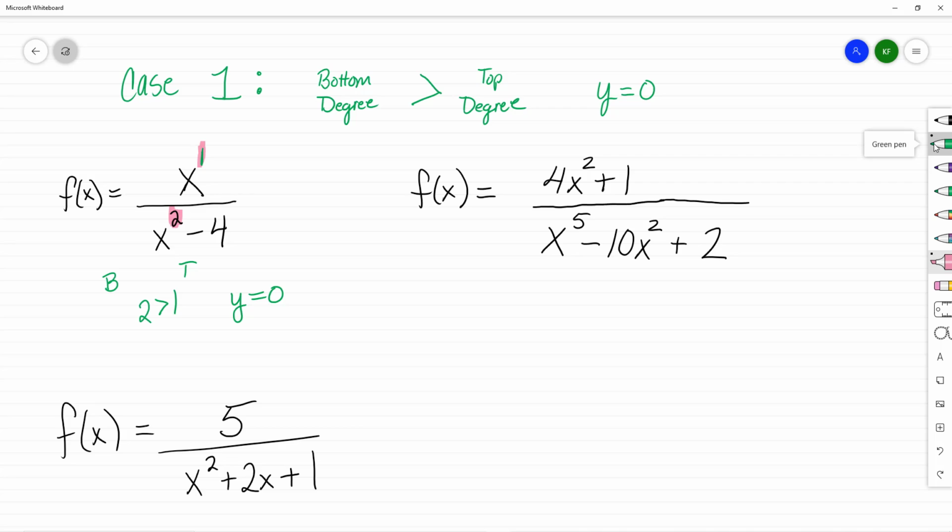So the next example, again, the bottom degree is 5, and the top degree, the highest power on the numerator or denominator, that's what you're looking at. So we've got 5. The degree 5 is bigger than 2. So then again, y has to be 0. It's kind of nice that that asymptote ends up being the same each time that you're doing this.